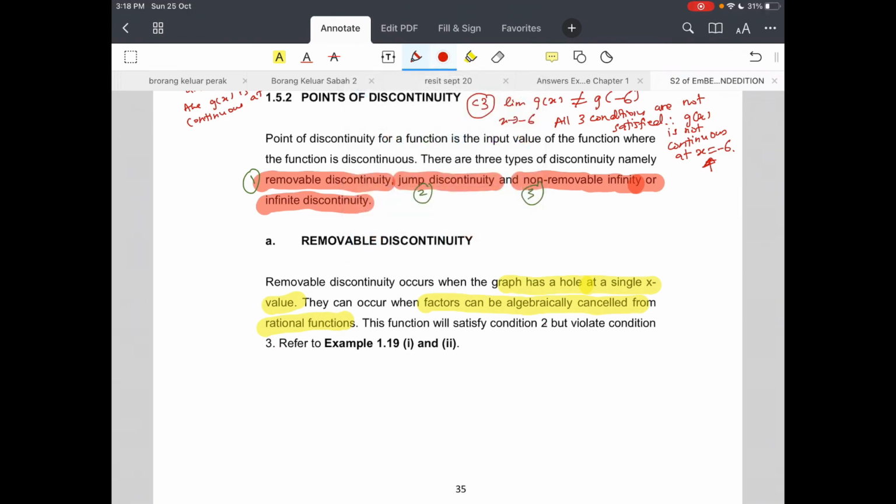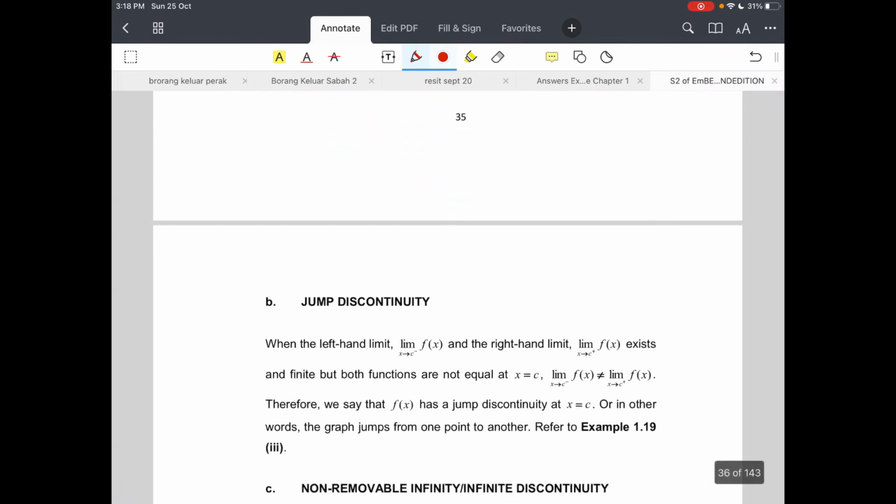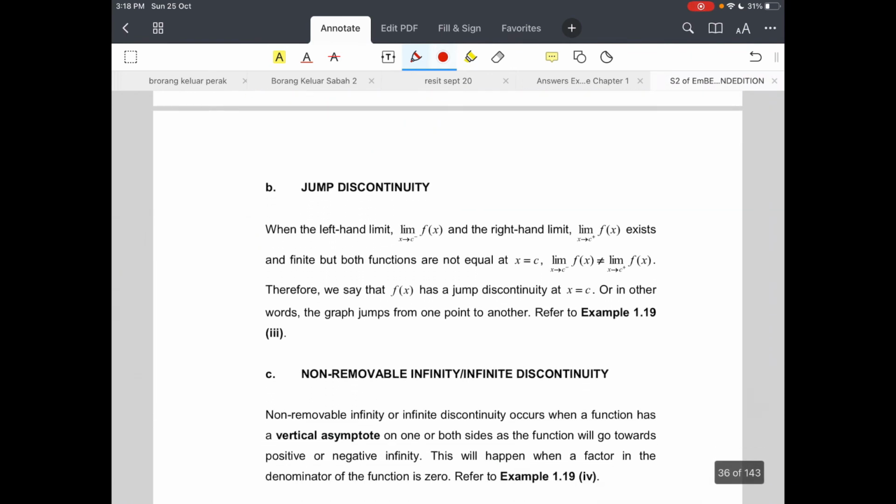This function will satisfy condition number 1 but violates conditions number 2 and 3. So we can refer to example 1.19, 1 Roman and 2 Roman. Not a major typo.